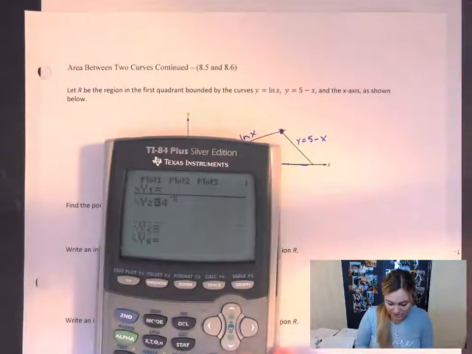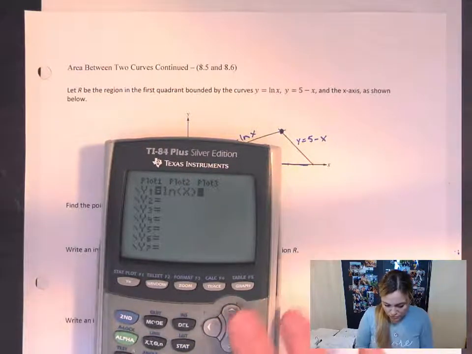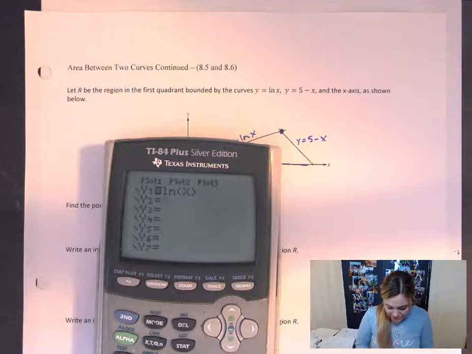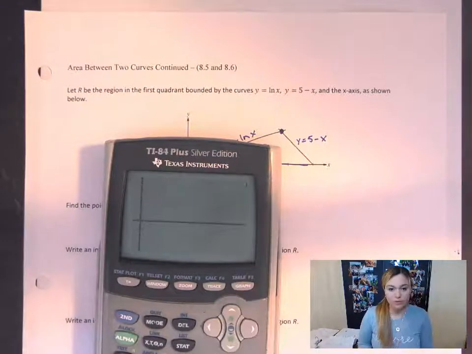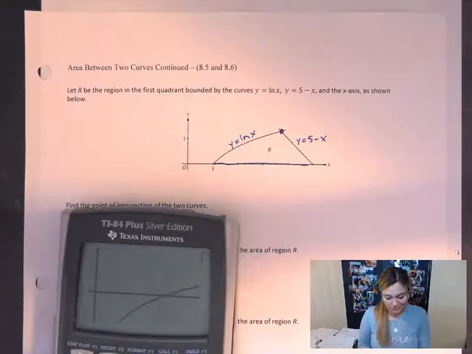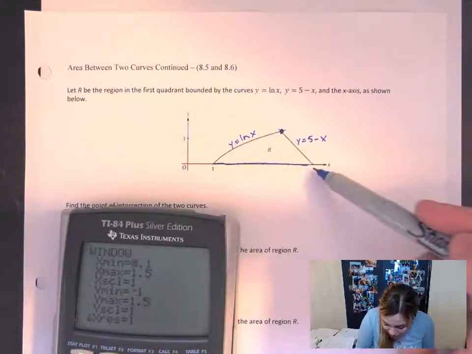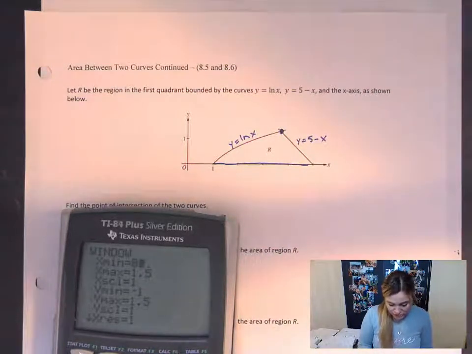Okay, so I'm going to substitute this in. ln of x, 5 minus x. If I graph those, I don't like this window, so I'm going to change it. I'm going to make this 0 to, this is 1, 2, 3, 4, 5. I'm going to go 0 to 5.5.